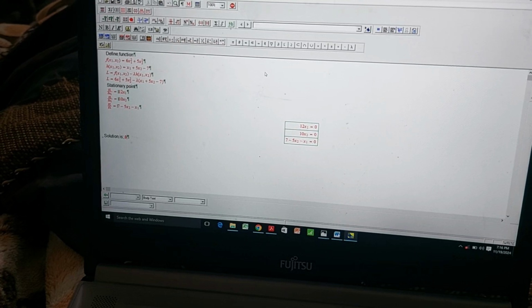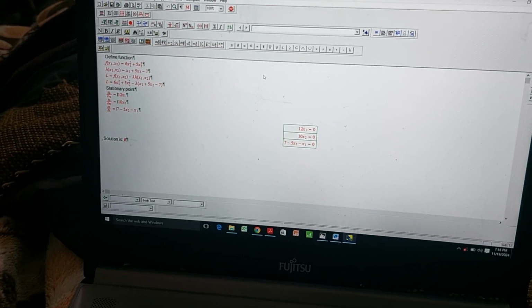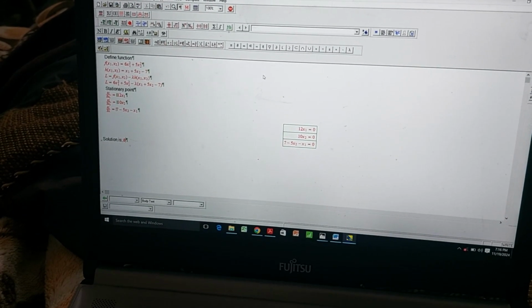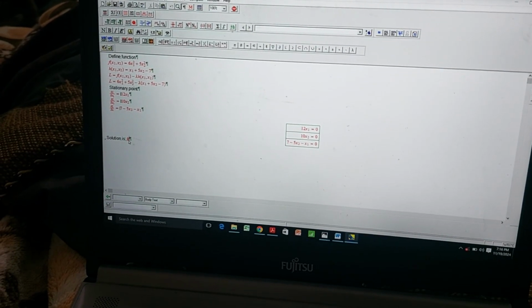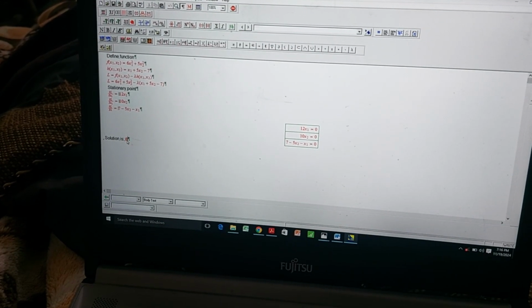So x1 is equal to 0, x2 is also equal to 0. It is giving me a solution of 0, but I need it as x1 equal to 0 and x2 equal to 0. So let me do it again.